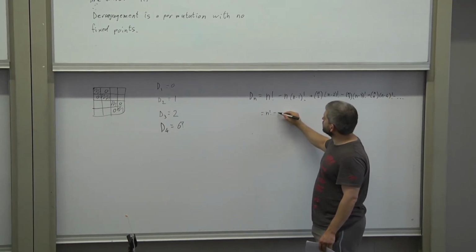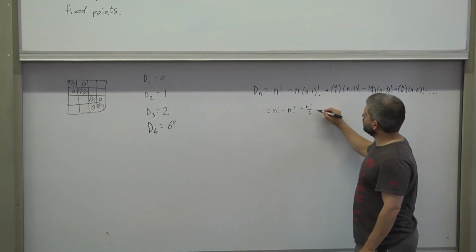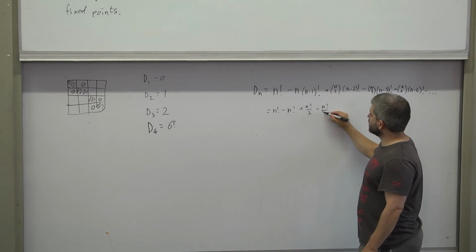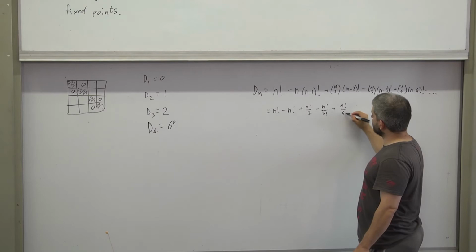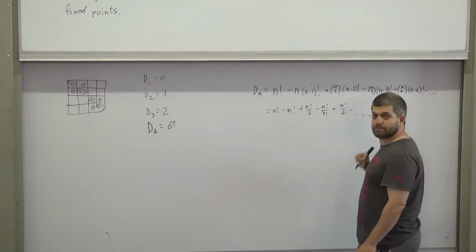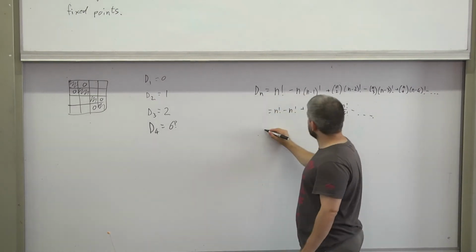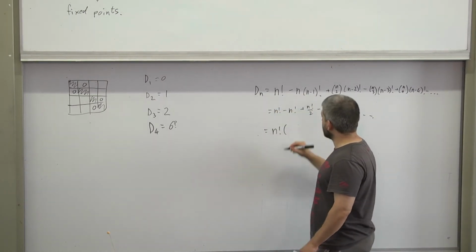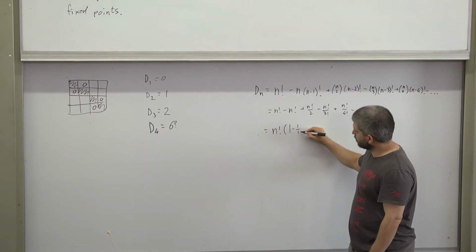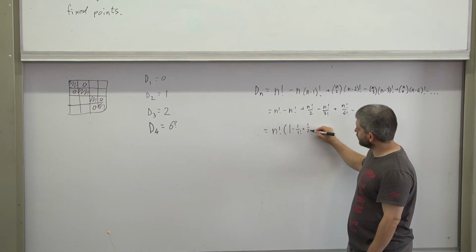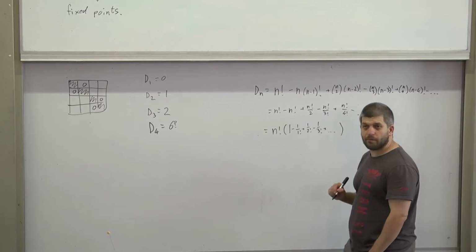Let's do a little bit of algebra on this. That's n factorial. That's n factorial. That's n factorial over 2. That works out to n factorial over 3. That works out to n factorial over 4 factorial, and so on. This is n factorial times 1 minus 1 over 1 factorial plus, and so on.